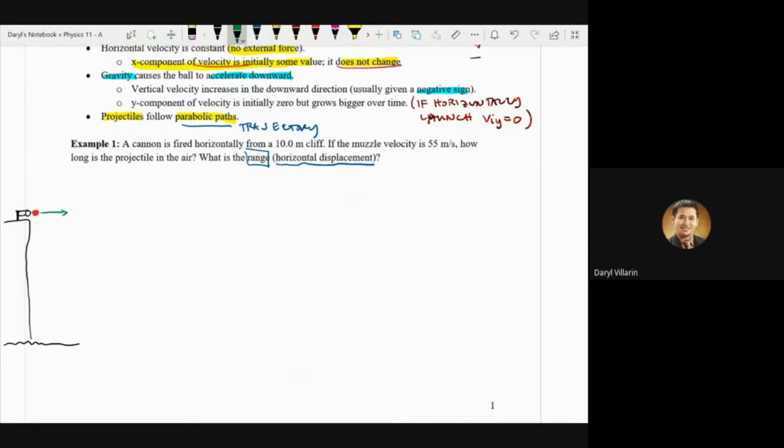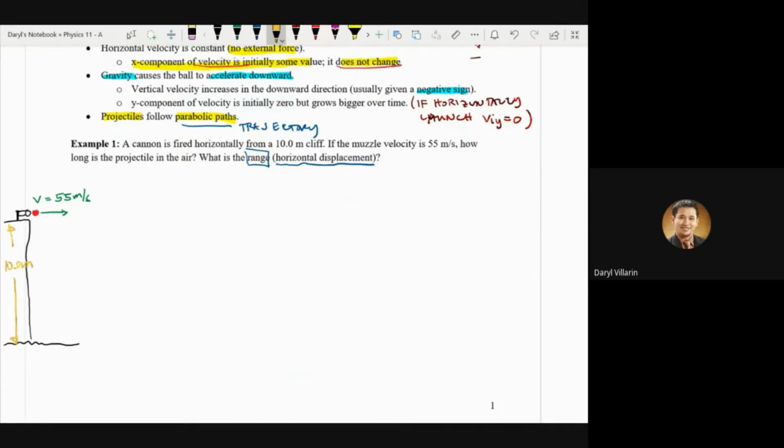Okay, so the muzzle velocity is 55 meters per second. So that means that the velocity once it leaves the barrel is 55 meters per second. Okay, and I'm just going to complete this one. The height of the cliff is 10.0 meters.